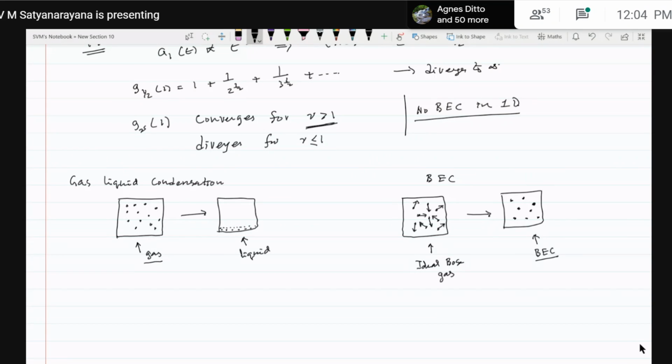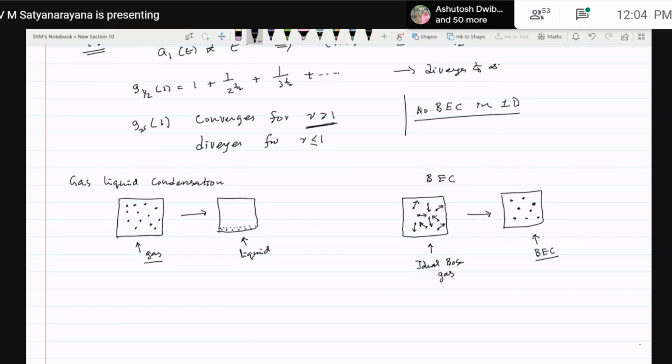Each one is moving independently of the other. There may be some correlation, but they more or less have their independent particle status. But once Bose-Einstein condensation happens, there is no independent status. All these particles are a part of some many-particle wave function. So that is the difference.